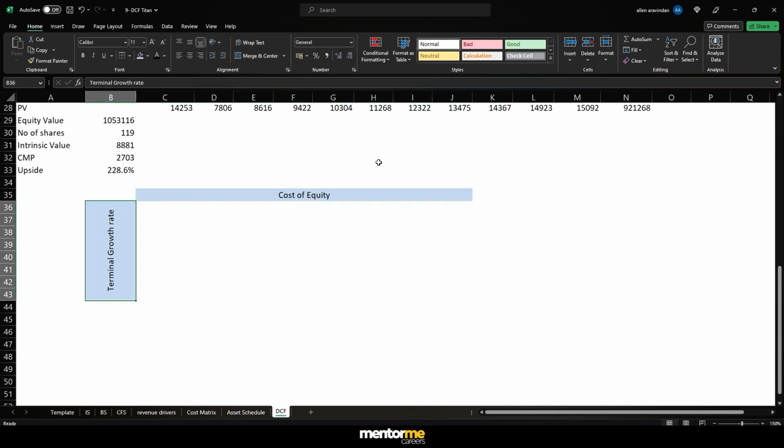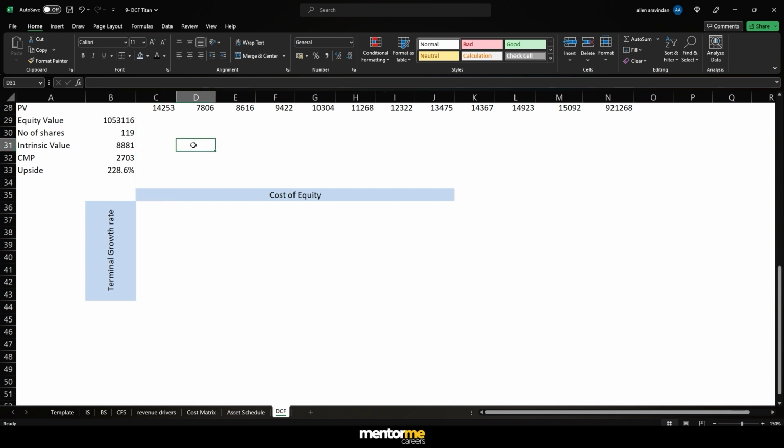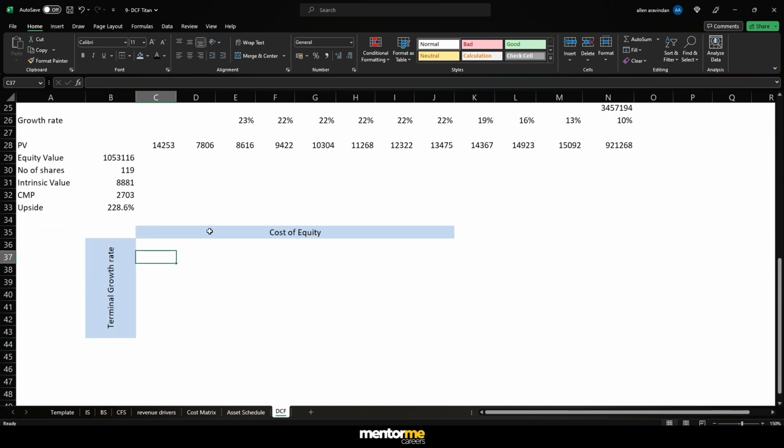So in fact, let's put the values first, then we can start the analysis. So terminal growth rate, currently we have, sorry, 10%. So let's try to get some variations out here.